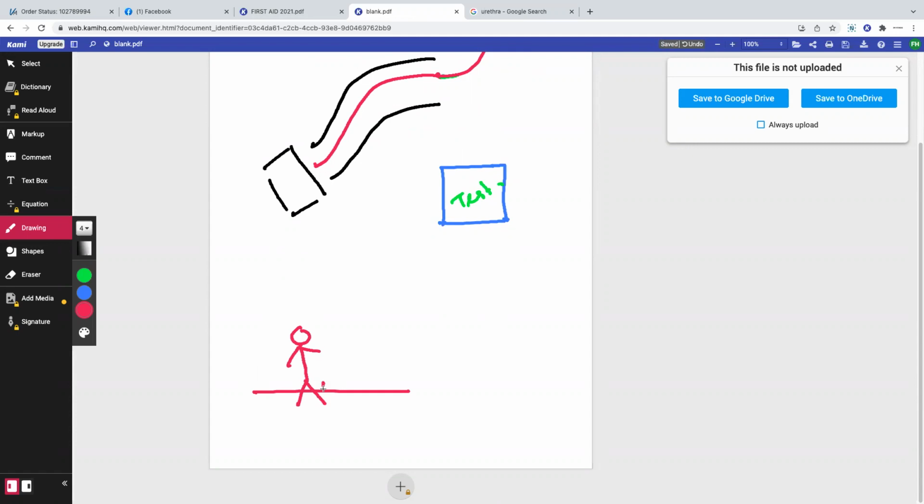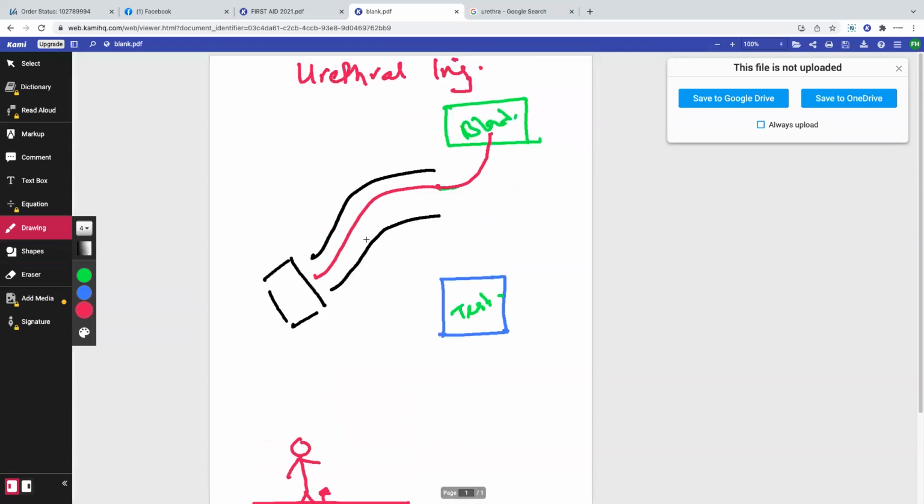Or if there's any sort of hit, for example someone kicks someone in between their legs, what is the type of urethral injury that is more common? The answer is that the bulbous urethra is damaged.